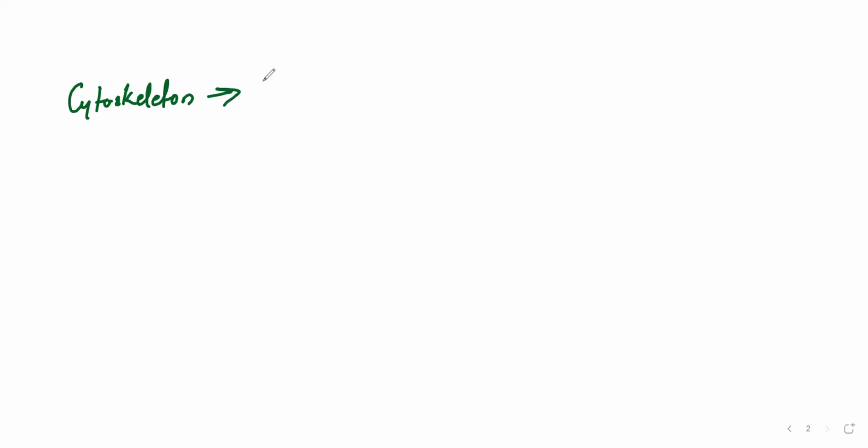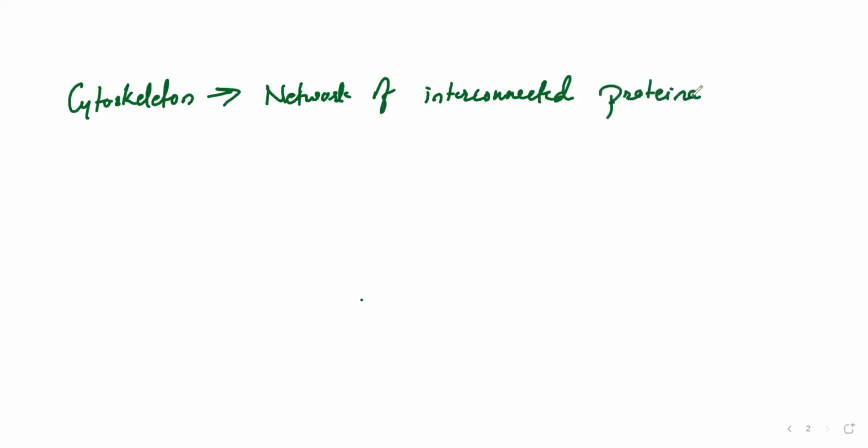Okay, so this is nothing but the network of interconnected proteinaceous microtubules. Okay, so it's not necessary that only microtubules will be present. Sometimes it may be filaments, in the cytoplasm.